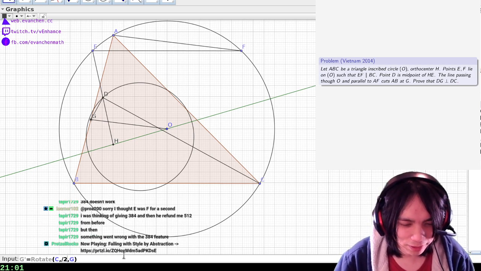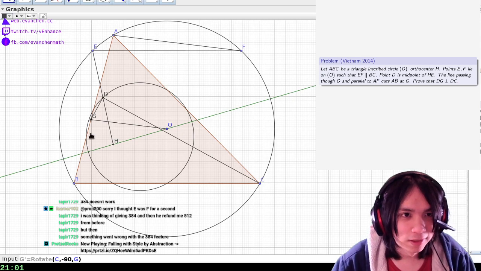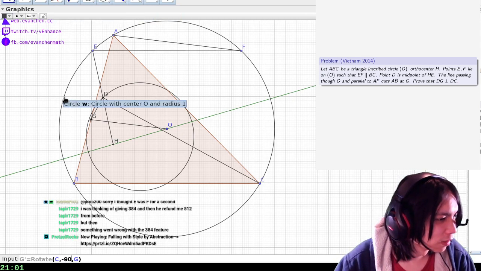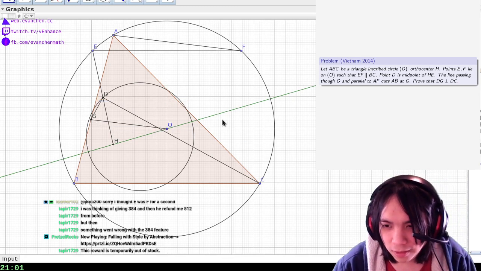How do you input 90 degrees in this thing? Shoot.